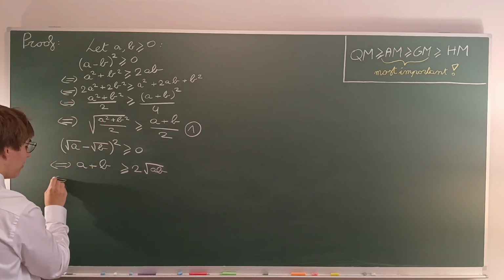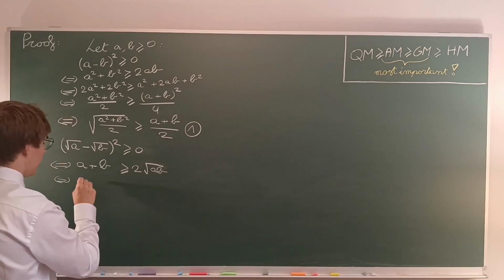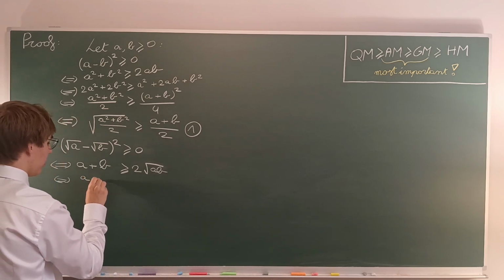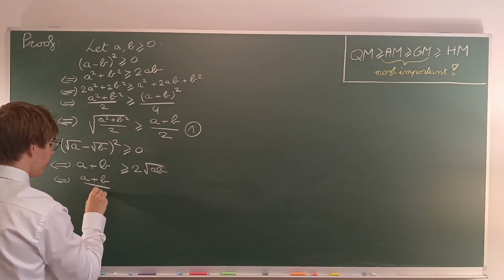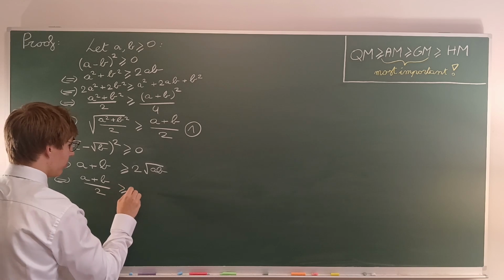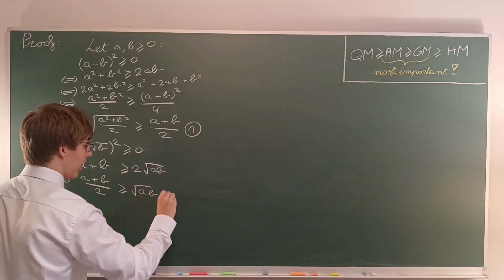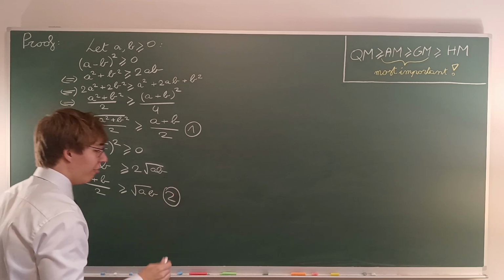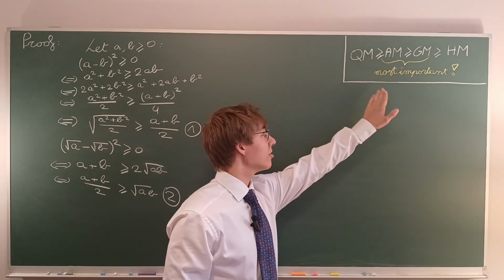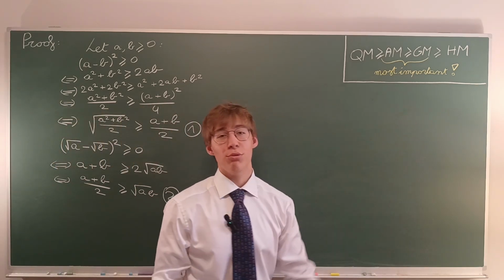And if we now divide both sides by 2, then we get that (A plus B) over 2 is greater than or equal to the square root of AB. And this is very rapidly our second result. AM is greater than or equal to GM.